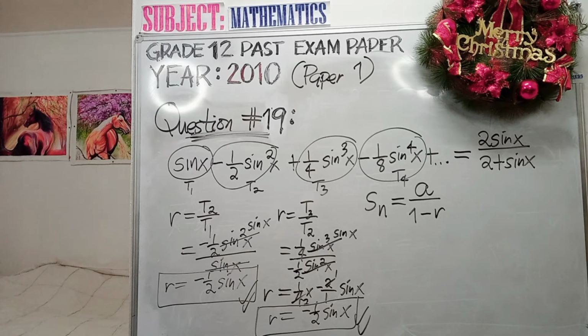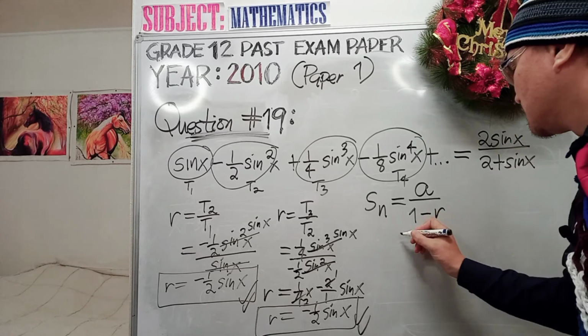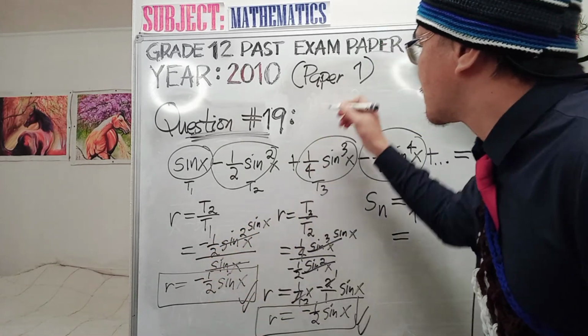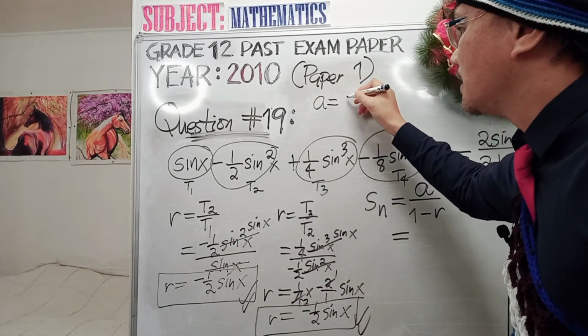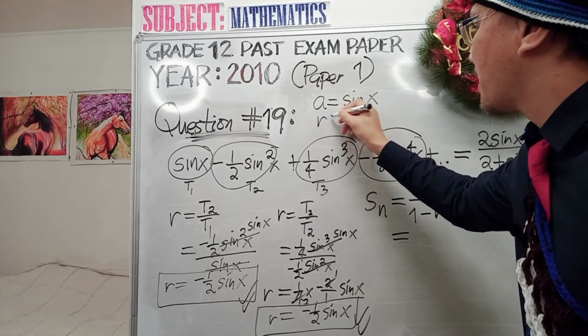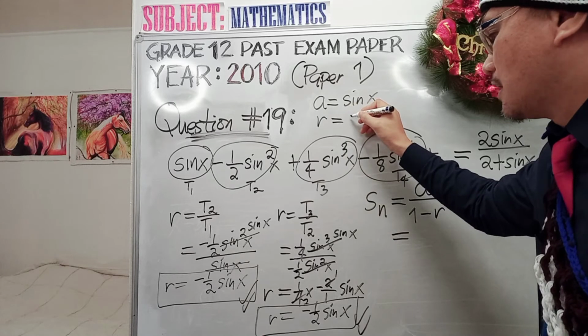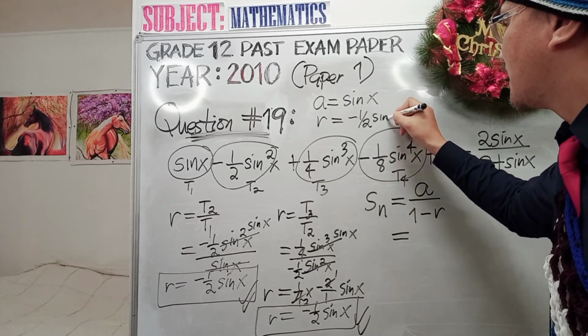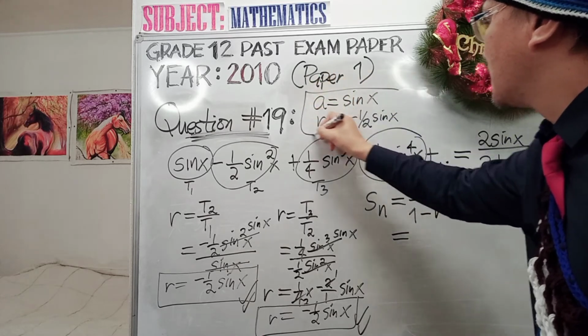So we substitute our first term, which here is sine x, and our common ratio is negative 1/2 sine x.